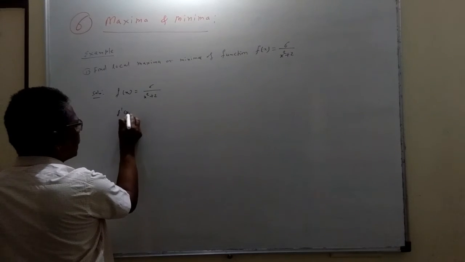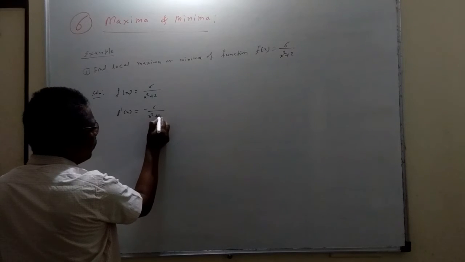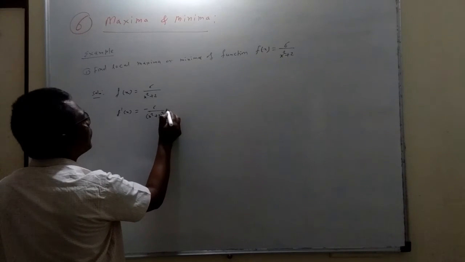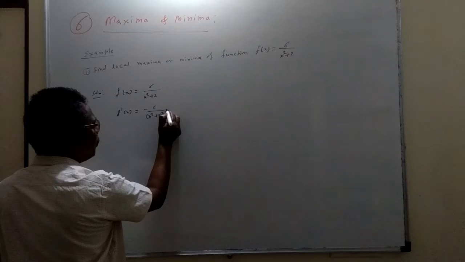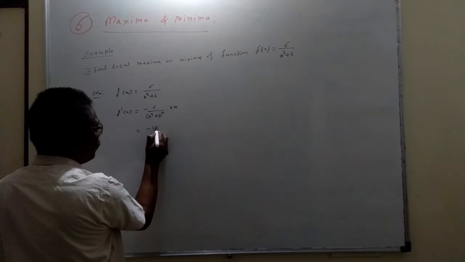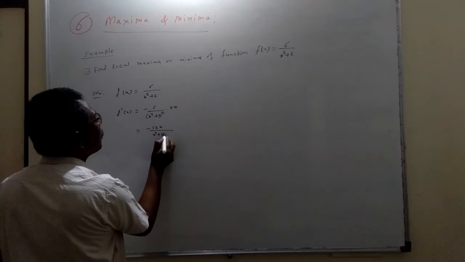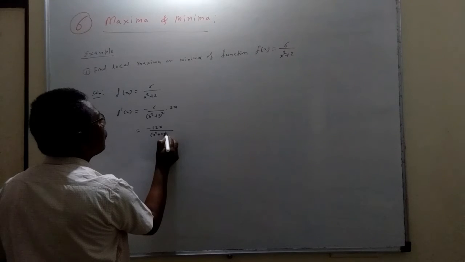So f dash x equal to minus 6 upon x square plus 2 bracket square into the derivative of x square plus 2, which is 2x. So that is equal to minus 12x divided by x square plus 2 bracket square.